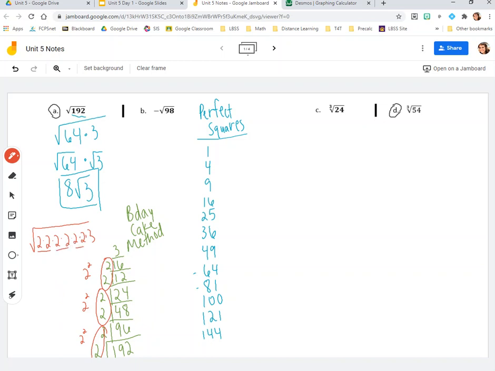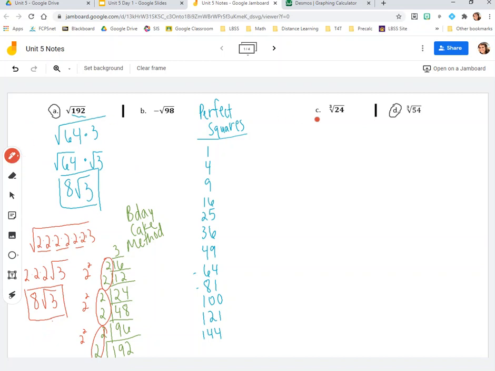Each of these pairs simplifies out, so I have 2 times another 2 times another 2 with the square root of 3 left over, and 2 times 2 times 2 is 8. As we can see, that gives us the same answer, just with a different method.